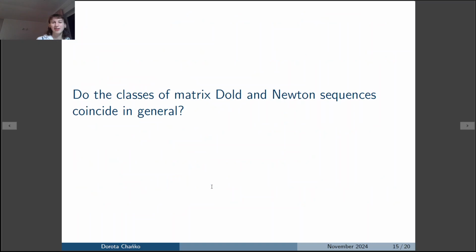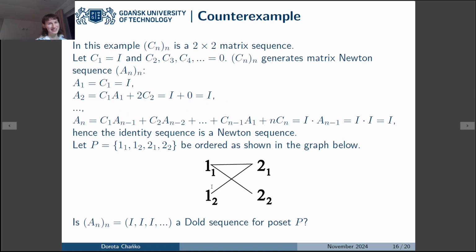So is it true in general? Do the classes of matrix Dold and Newton sequences coincide in general? And the answer is no. So we can generate a sequence by a sequence of 2-by-2 matrices. Let C_1 be the identity matrix and the rest of the sequence C_2, C_3, C_4 and so on, let them be 0 matrices.